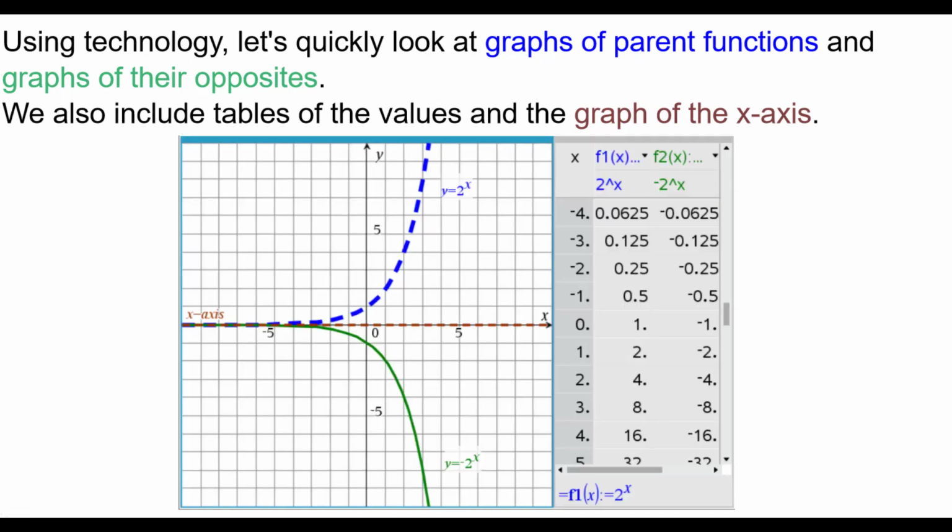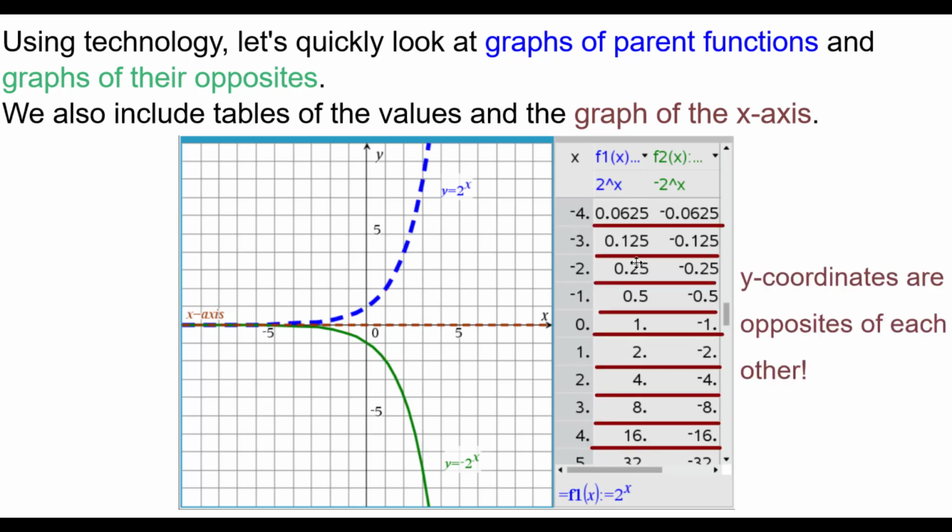Let's look at y equals 2 to the x and its opposite. Notice that the blue and the green are reflections of each other about the x-axis, and that the y coordinates are opposites of each other in each case with the same x coordinate.